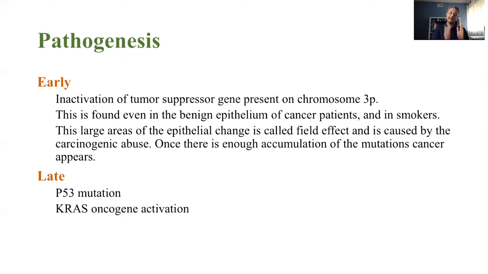So the question became why that gene mutation is not causing a cancer. The study shows that these mutations slowly accumulate, finally reaching a point where it becomes cancer, and that is how the process works. In the late cases, P53 and KRAS mutations are common.